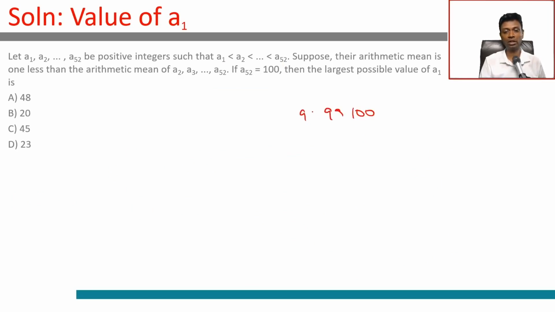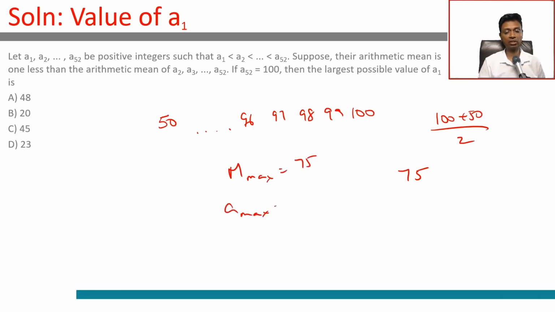We go 100, 99, 98, 97, 96, all the way till 50. It should be 51 numbers. Average of all this is nothing but 100 plus 50 by 2. That will be the average. Average is 75. So the m max is 75. a1 max is 75 minus 52, which is 23.